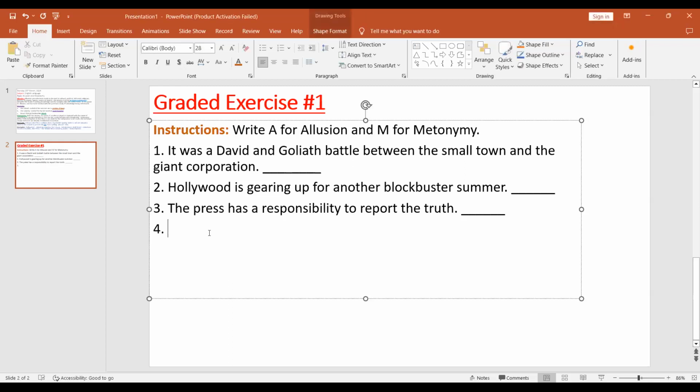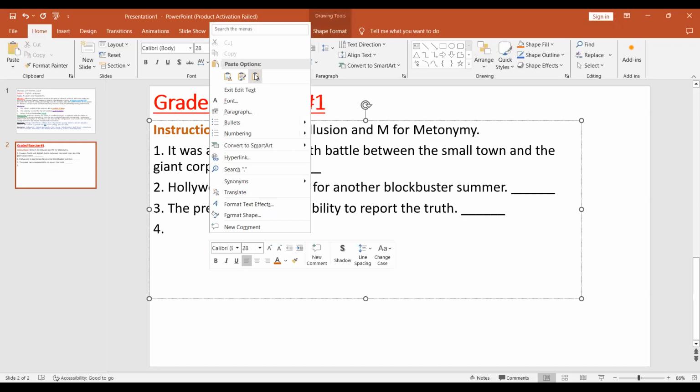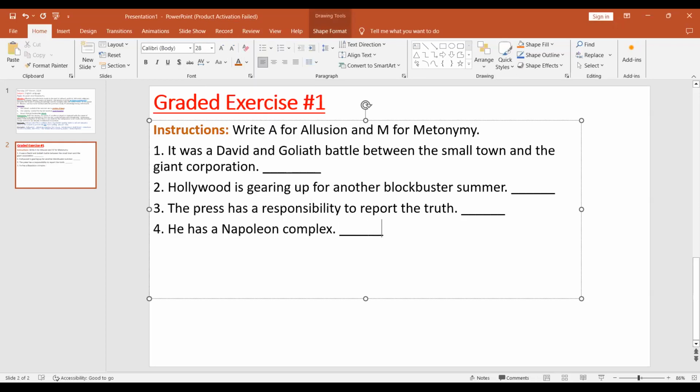Number four: he has a Napoleon complex. Number five. Okay, no problem. Veronique, I just sent in the English notes. You can go do them.